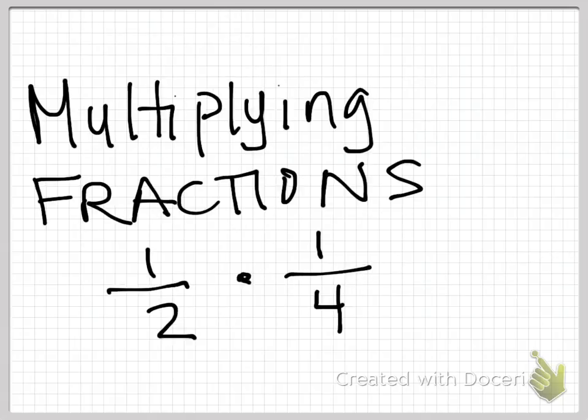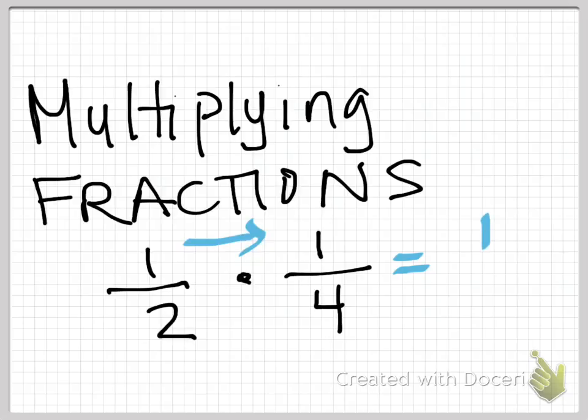Now, another problem on your minutes worksheet is multiplying fractions. Multiplying fractions is straightforward. You just learned that you multiply across. So you will do 1 times 1 is equal to 1.